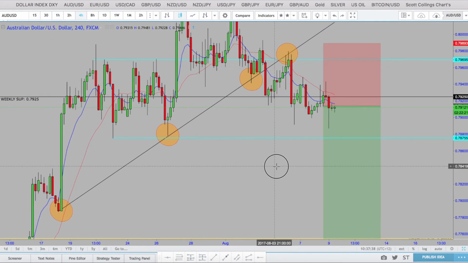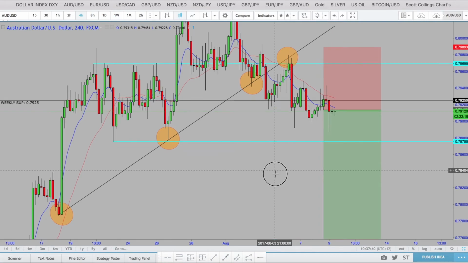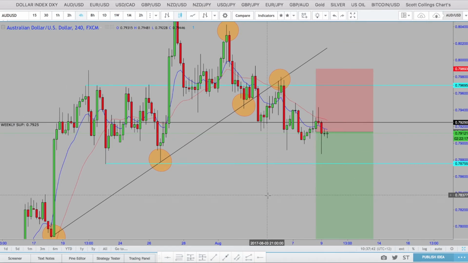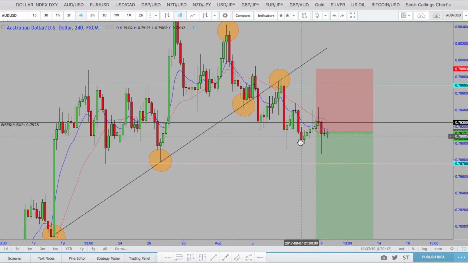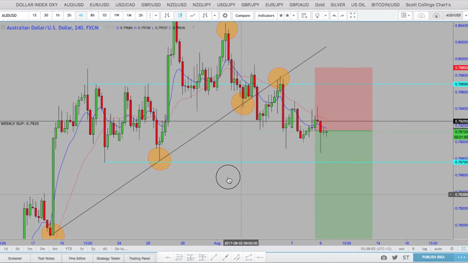So what I am continuing to monitor today and going into the UK and US session tonight is I am looking for price to pull back further, and I'm really monitoring this level around here, around this 78,800 level. And I've snapped on just this level for now, as we have seen some reaction from it.